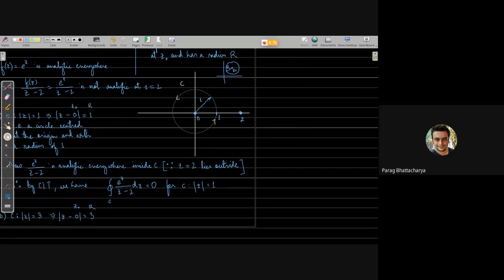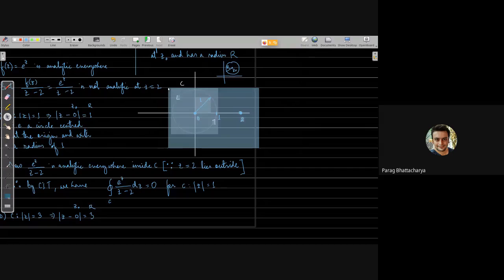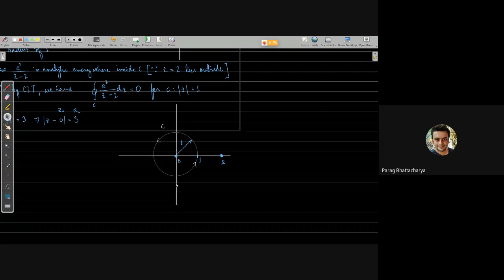Now if you again look at the same diagram as before, let me just get these points a little closer. 2 is here, 1 is here, and 3 is here.